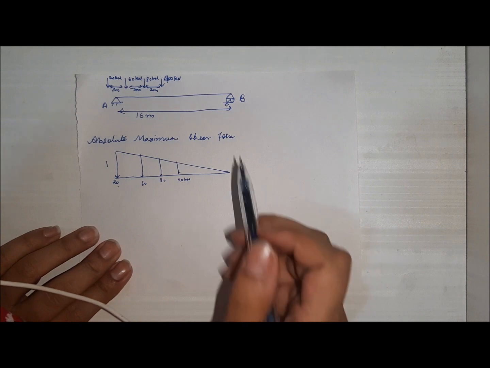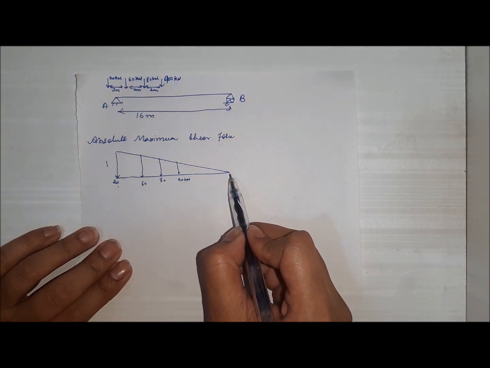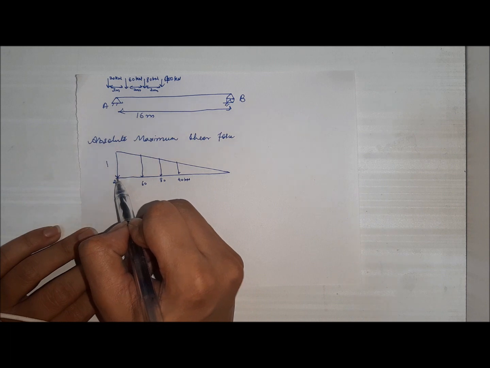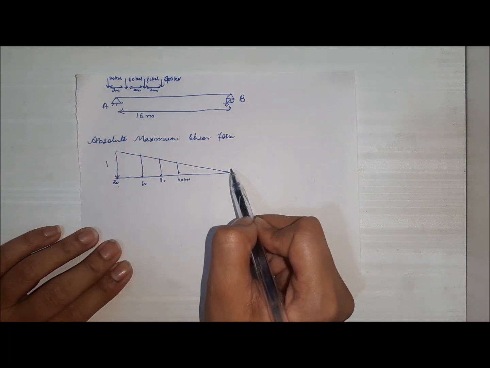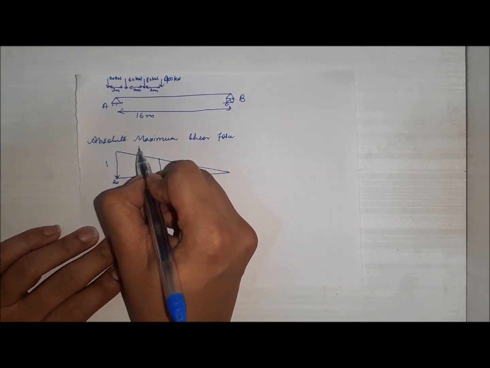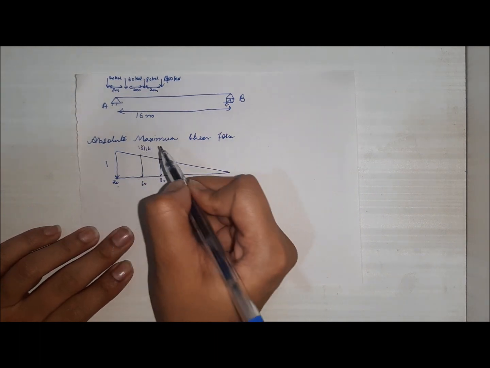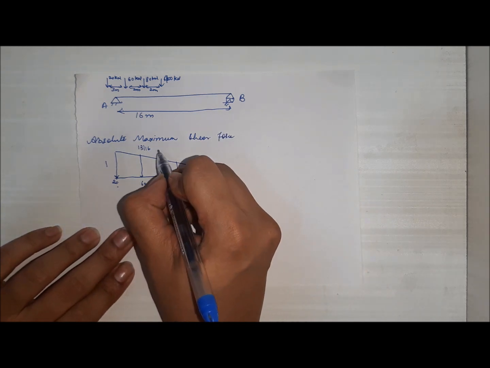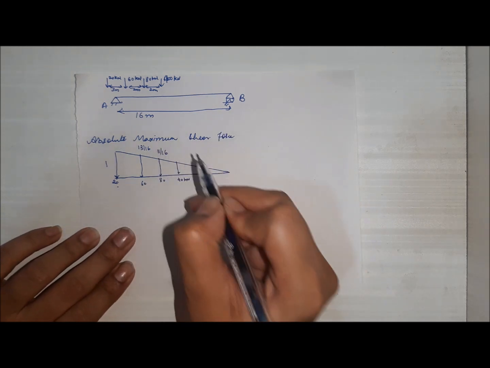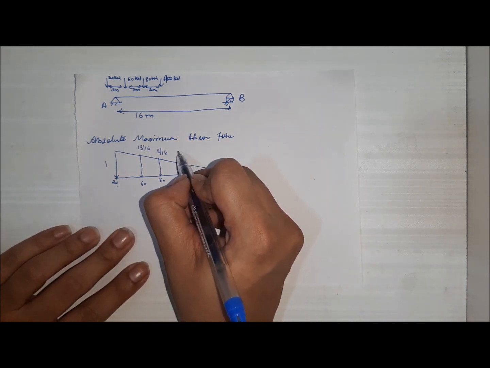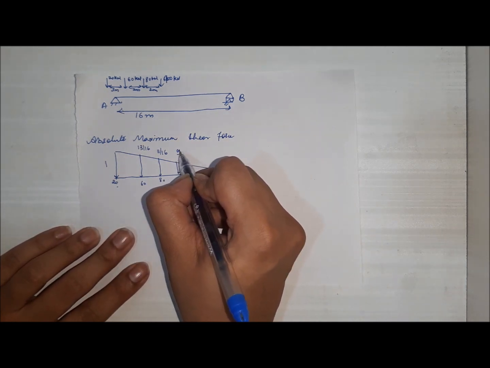Now as we are having distance AB of 16 meter, we are having this height as 1, that is 16 by 16. So we will have the height for the 60 kilonewton load as 13 by 16. Then for the 80 kilonewton load we will have 11 by 16, and for the 40 kilonewton load we will have the height as 9 by 16.